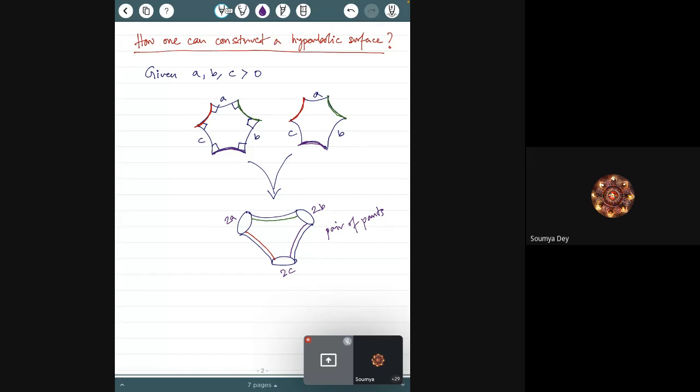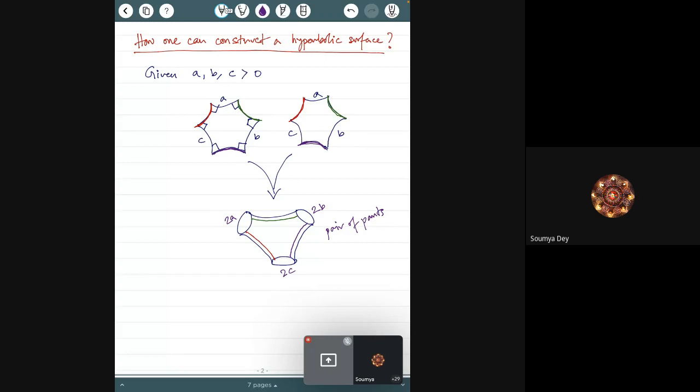Okay, and we know the lengths of the three boundary components, namely 2a, 2b, and 2c. And mind it that these a, b, c are in our hands. We can choose any a, b, c. It's up to us. Given any a, b, c, we can construct a hyperbolic pair of pants where the boundary components have these lengths 2a, 2b, and 2c.